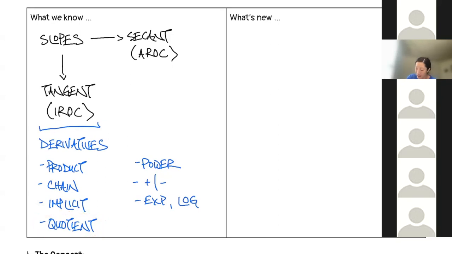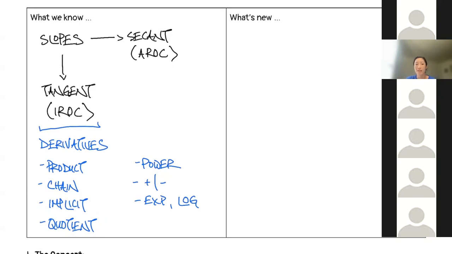Okay. How about implicit differentiation? How do we, no worries at all. How do we know if we need to use implicit differentiation? Like what's a really good example of when we might need to use implicit differentiation? We see a variable that represents a function. Yeah, we need the derivative of y. Okay.